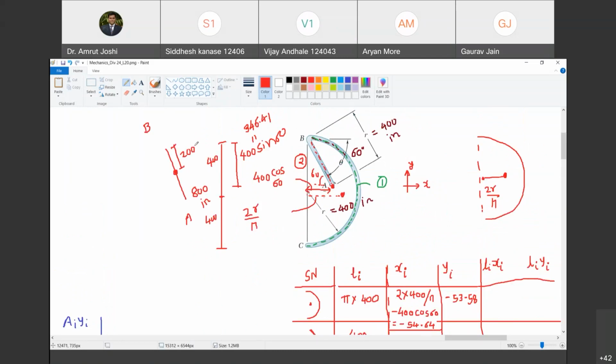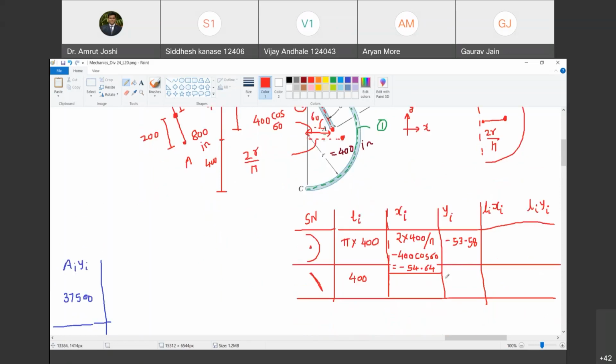Yes, sir. And this also must be equal to 200. And this inclined line makes an angle of 60 degree with the horizontal. Happy? Yes, sir. So now what is the vertical distance of this point from A? 200 sine 60, plus. Do you agree? Yes, sir. Plus 200 sine 60.